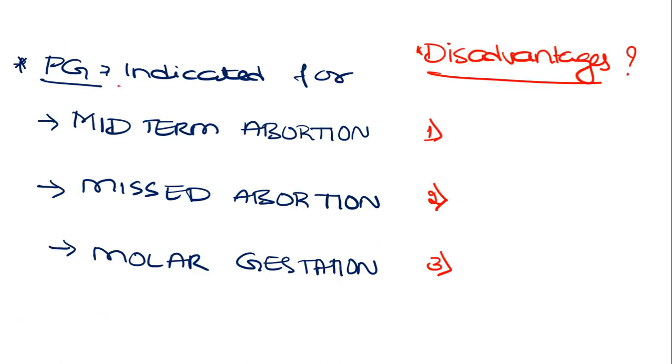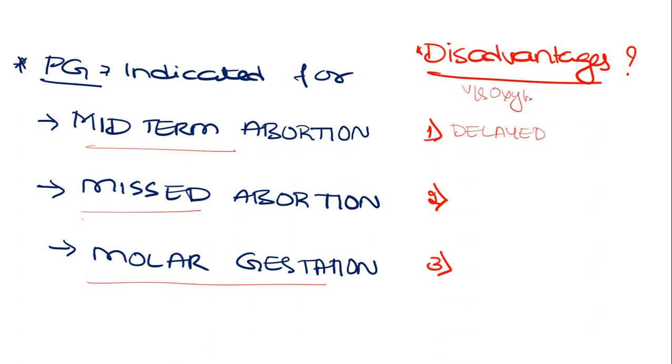So prostaglandins are mainly indicated for which type of abortion? In case of midterm abortion, missed abortion, and also molar gestation. What are the disadvantages of using prostaglandins for abortion? They have delayed action when compared to oxytocin.